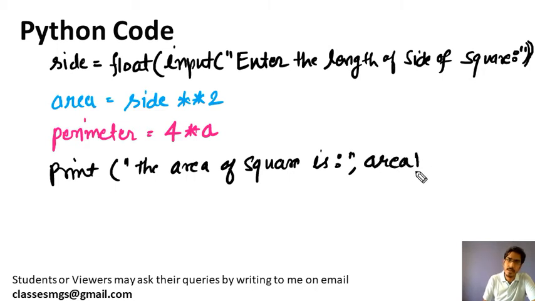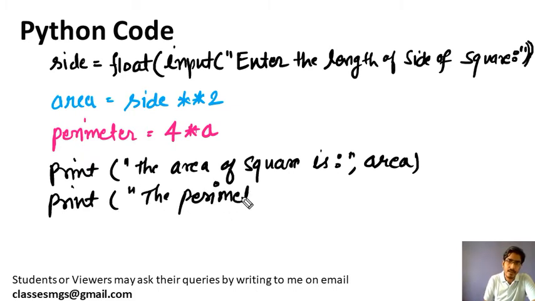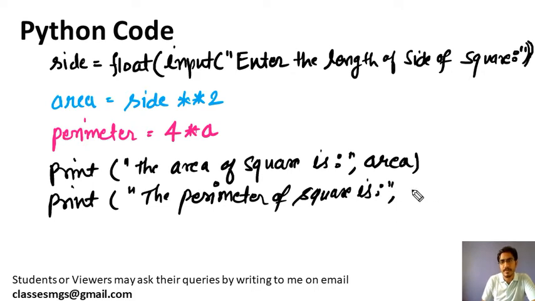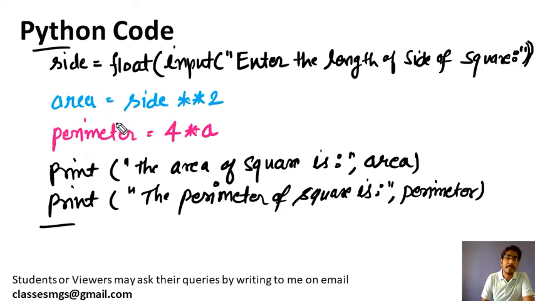Area, and then print the perimeter of square is what? We have the perimeter variable. So this is how you can write down the code for calculating the area and perimeter of the square.